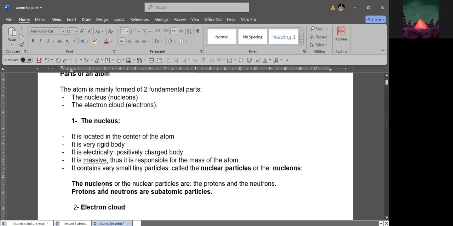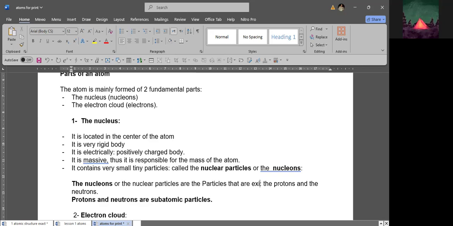What are the nucleons? النيوكليونز. شو هن النيوكليونز? The nucleons are the particles that exist in the nucleus.